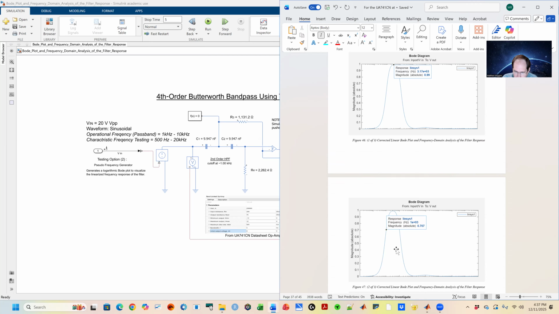Even with those variations, the overall shape, amplification in the passband, and clear attenuation outside of it are usually enough so that you can tell that your device is working, and then you can fine tune it.